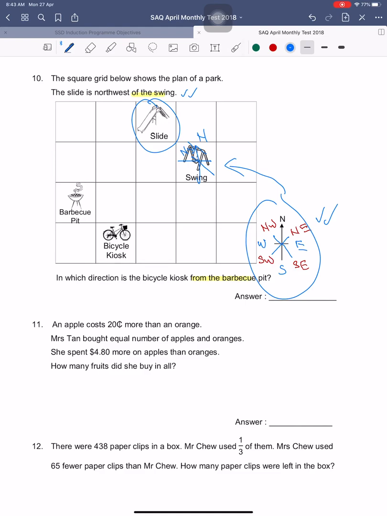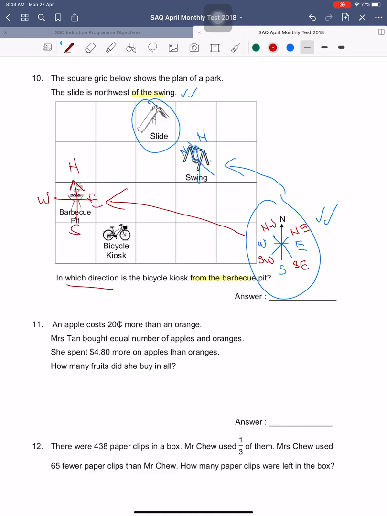Now the question says, in which direction is the bicycle kiosk from the barbecue pit? Now the barbecue pit is here. It means now you have to put this here, because it's from the barbecue pit. So you need to put the 8-point compass on the barbecue pit. So erase this, and on the barbecue pit use the same direction.